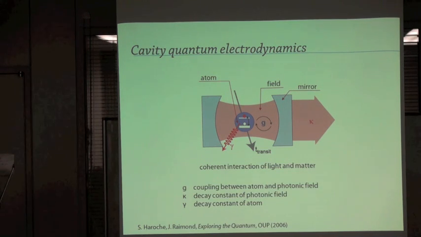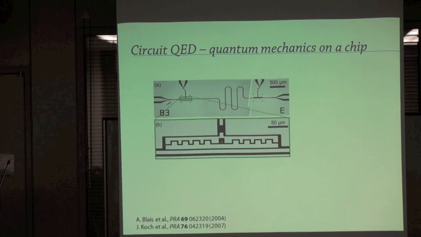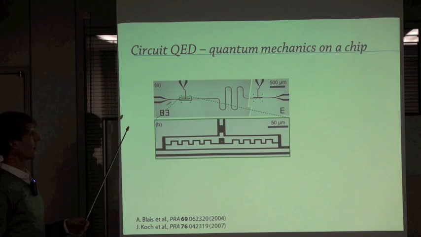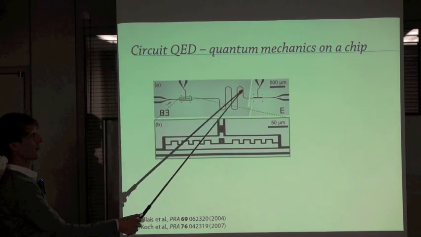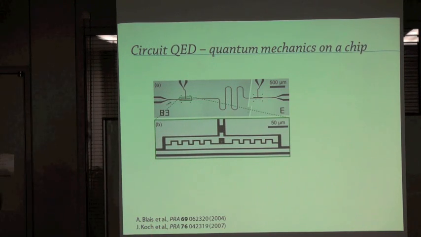So that was a traditional setup with mirrors and optical photons. What we have is a little bit different, and it's called circuit QED. So we replace the mirrors and the cavity by a superconducting resonator, this meandering line. So we have microwave photons living in there. And we don't have a real atom flying through the cavity.